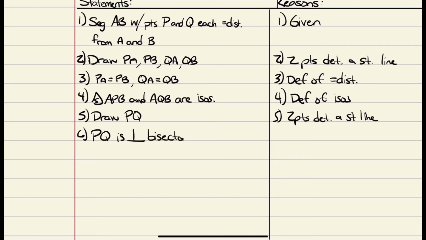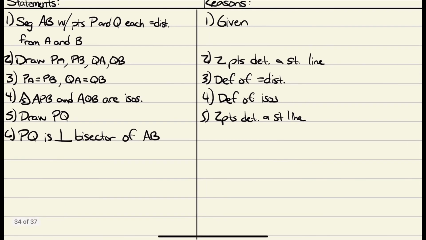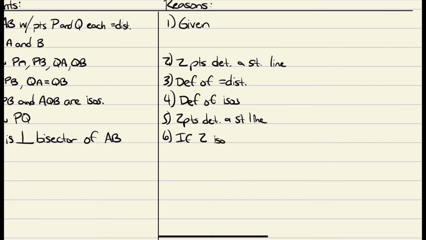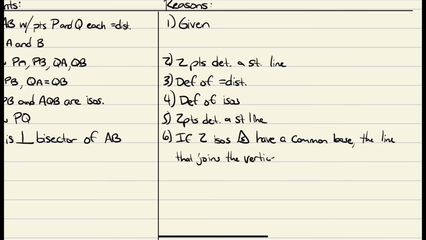And I have posted a video on why, where we proved that if 2 isosceles triangles have a common base, the line that joins the vertices bisects the vertex angles and is also the perpendicular bisector of the common base.